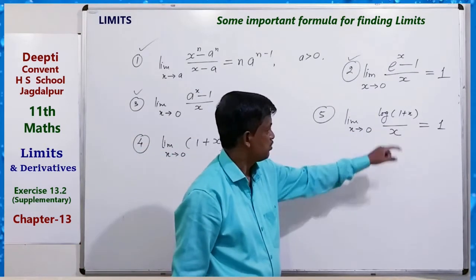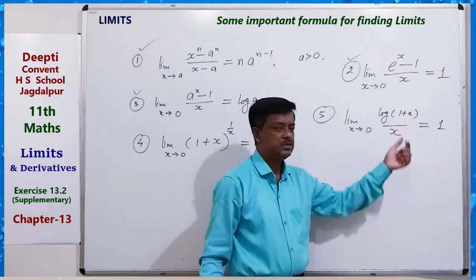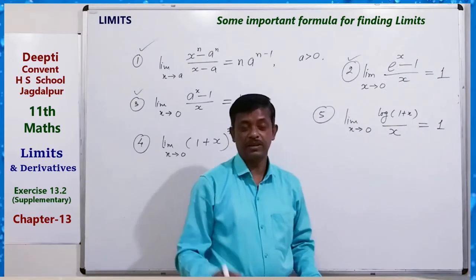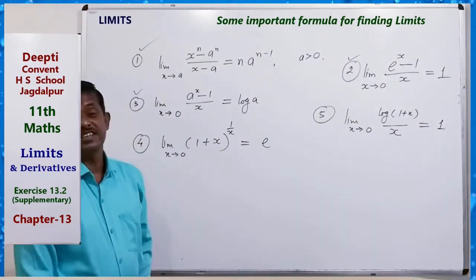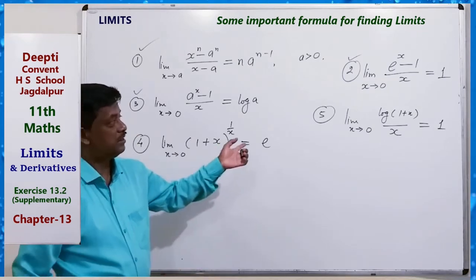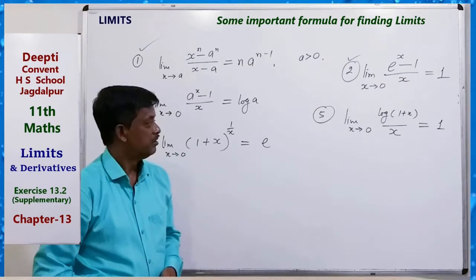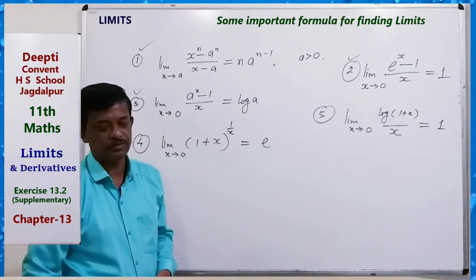Log(1 plus x) upon x tending to 0. We can see that here it is 0 by 0 form, log 1 is 0. So for finding this limit we can use series form. We have provided the list of some basic series, we can use that for finding the limit.